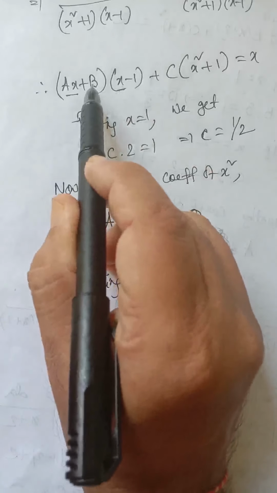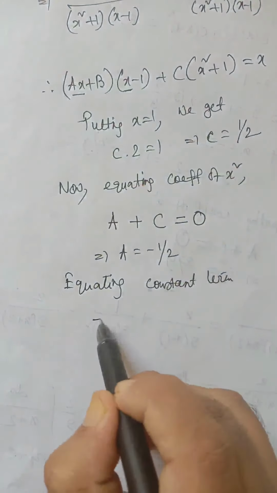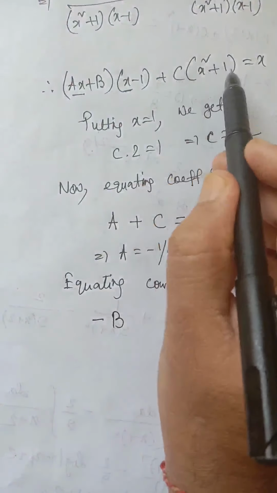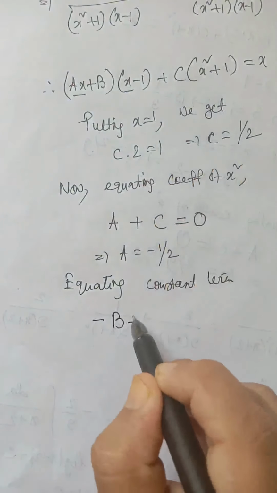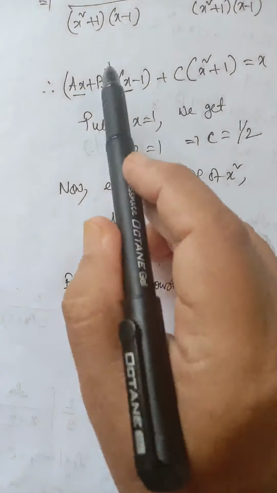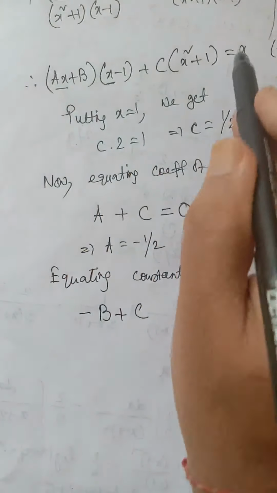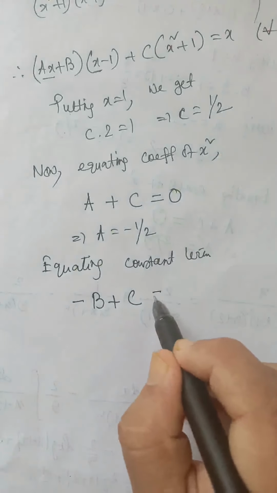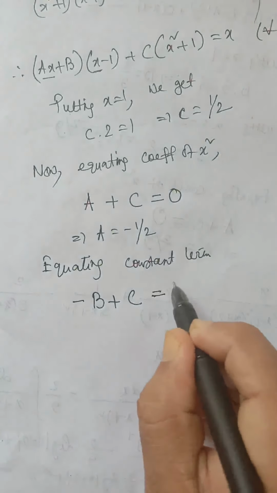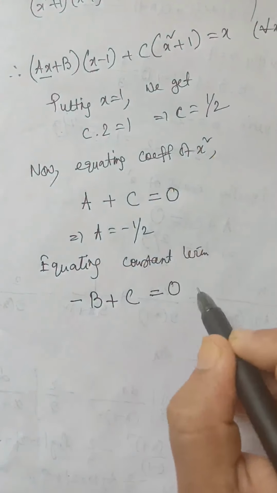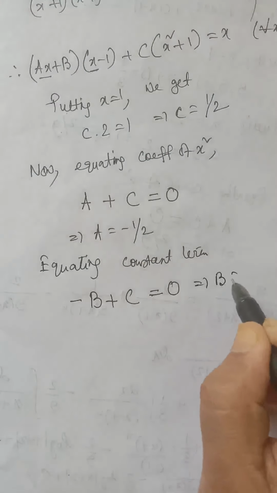And here the constant term is c into 1, which is c. Constant term means the term which does not contain x. In the right hand side there is no constant term, so it will be 0. So if we put c equal to half, we will get b equal to half.